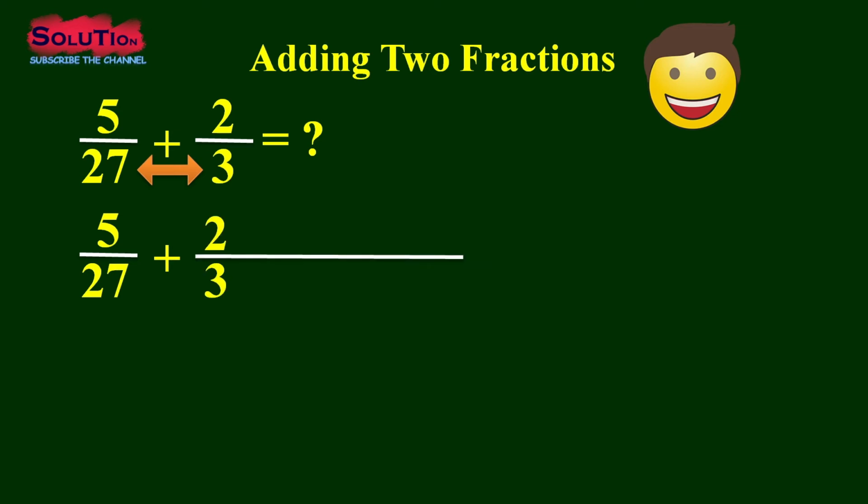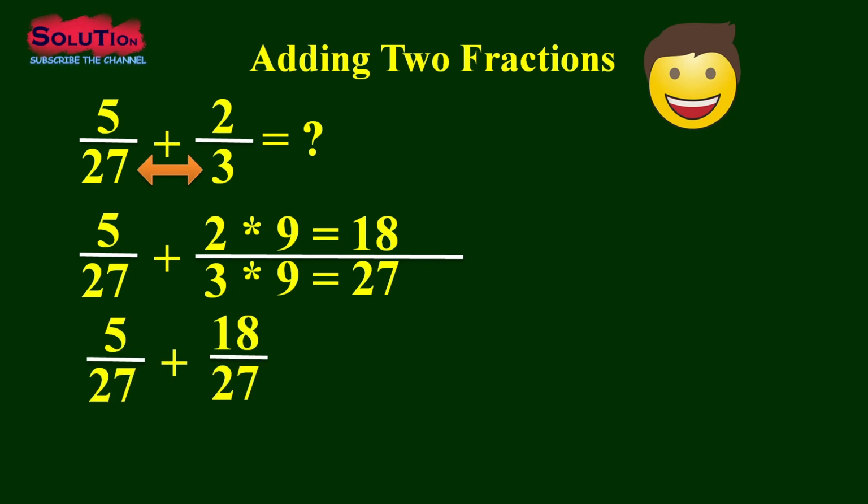So 3 I have to multiply. If I multiply 3 into 9, then I will get 27. Because I have multiplied the denominator with 9, I will be multiplying the numerator also with 9. After multiplying the numerator, I will get 18. So ultimately it is 5 by 27 and 18 by 27.